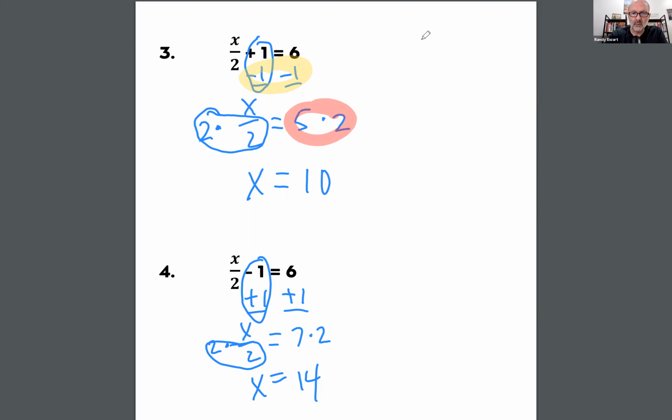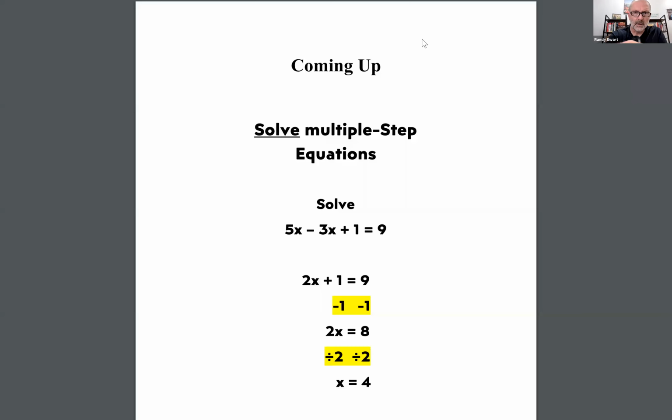Let's take a look at what's coming up next. Next up is our equations that have multiple steps to do. Well, you can already see 2 steps here, but then you have an extra step, and usually it's going to be some sort of simplifying. So again, you have 2 sides of the equation. You have this blue expression on the left, and you have the red expression.